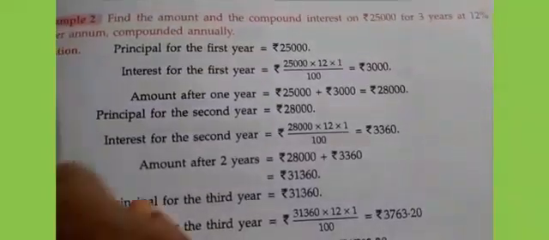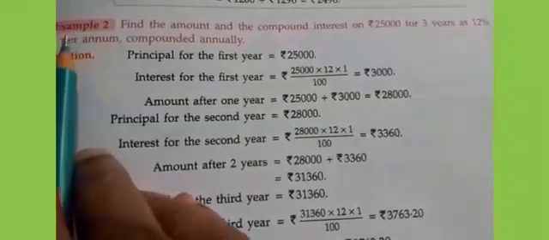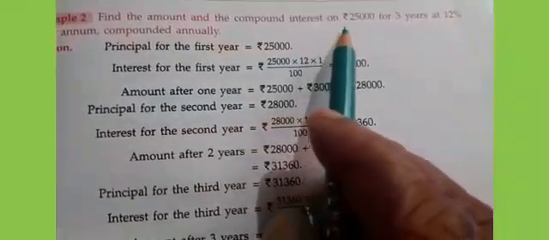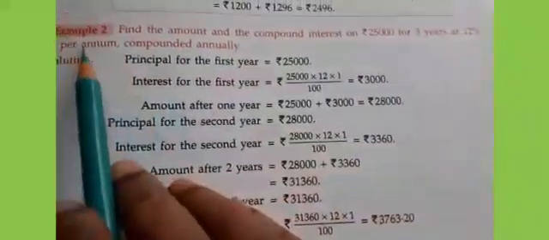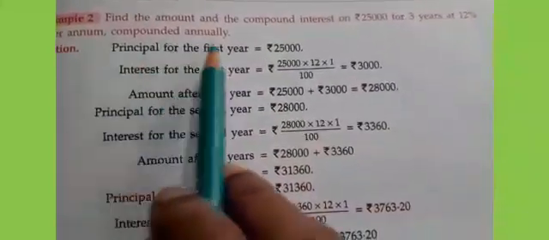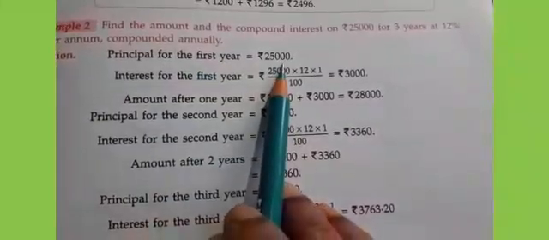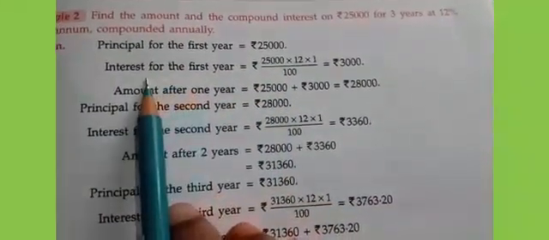Now let us revise some questions given in your example. Here, example 2. Find the amount and the compound interest on ₹25,000 for 3 years at 12% per annum compounded annually. So here you see the principal for first year is 25,000. First of all we have to calculate interest for first year.